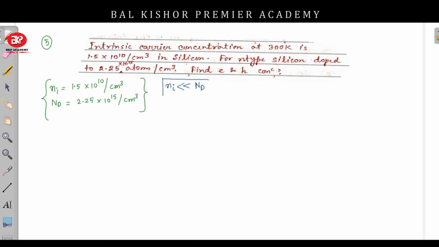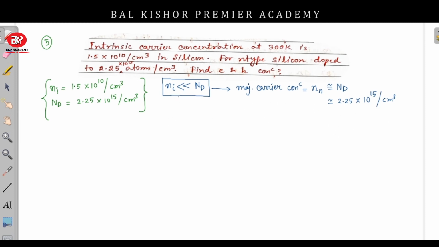Since Ni is very much less than the doping concentration Nd, we can say that the majority carrier concentration, that is the electron concentration Nn, will be nearly equal to Nd, and Nd is equal to 2.25 into 10 to the power 15 per centimeter cube. So this is the electron concentration.